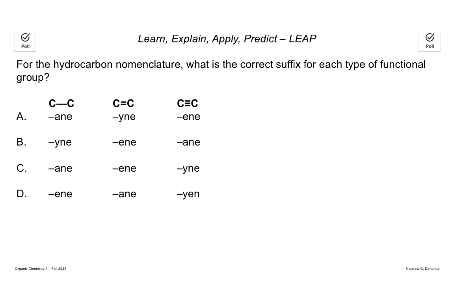So just as a quick review, what suffix should each hydrocarbon have if it has a single or sigma bond, sigma plus pi, or sigma plus pi plus pi? Any guesses? So alkanes, alkenes, alkynes.